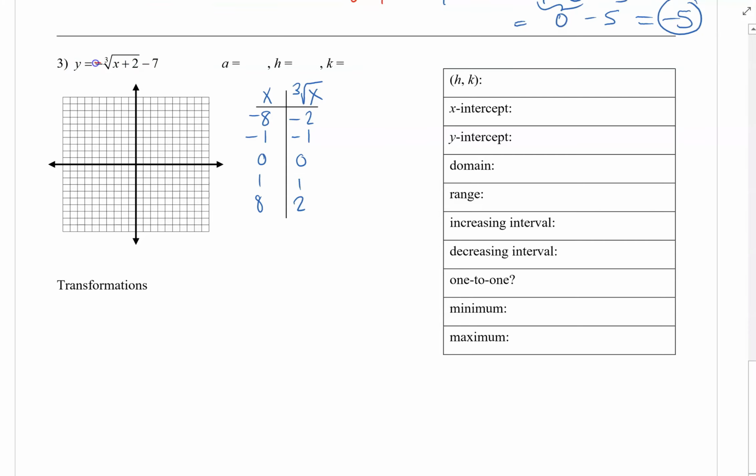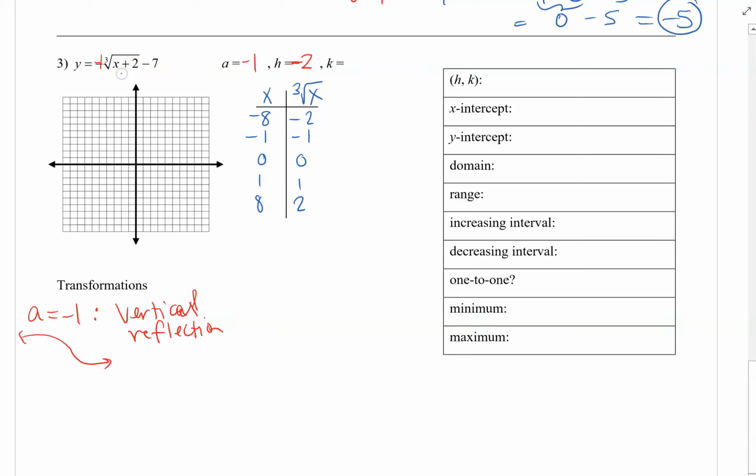Okay, but then I'm going to recognize that I have some transformations here. I've got a -1 in front of the cube root. That means my a value is -1. That means my graph is going to have a vertical reflection. It's going to go down from left to right instead of up because of a vertical reflection. Then I do see a number inside the radical this time, and I have to remember that h is opposite from the equation, so h is -2.